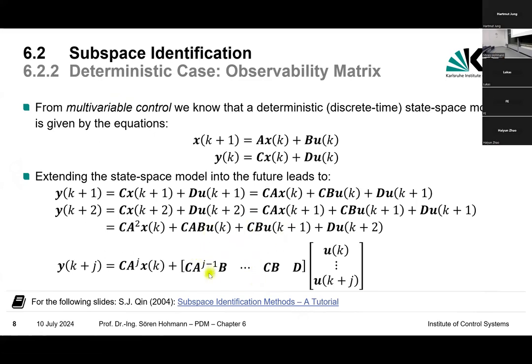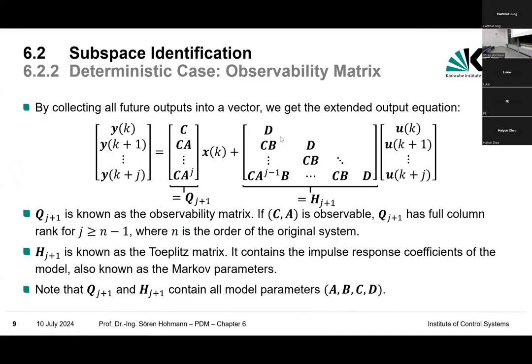If j is equal to 1, obviously this disappears. It becomes quite simple. So we start with D, CB, D, etc.